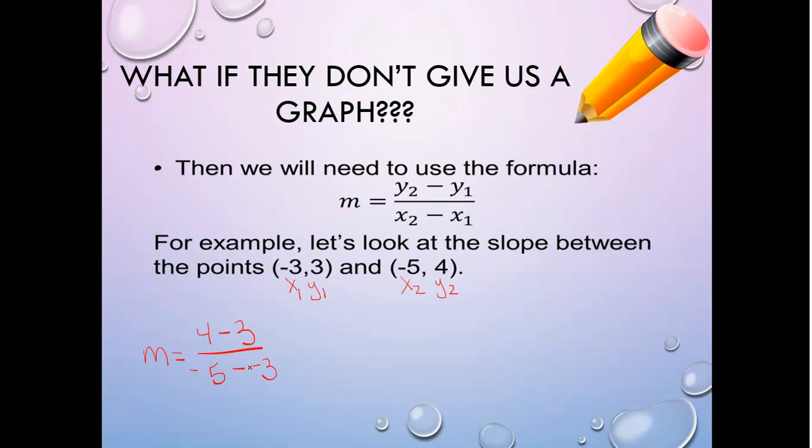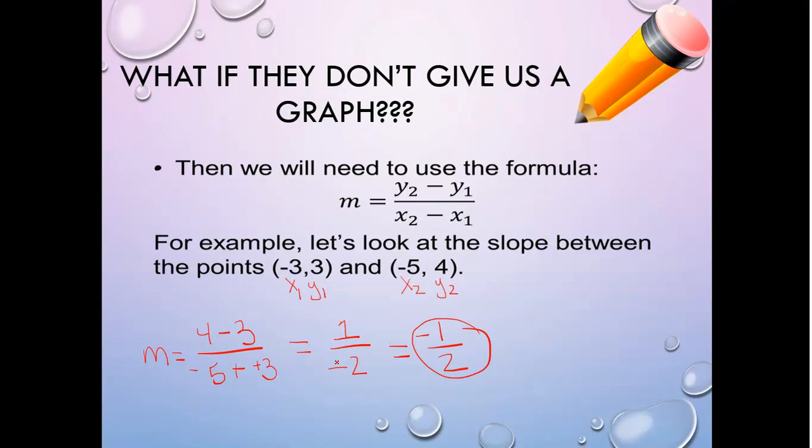So I'm subtracting a -3. Well, my top is 4 minus 3, which is +1, over, well, I got a double negative, so those come out positive. So I get -5 plus 3, which is -2. So this is technically -1/2.